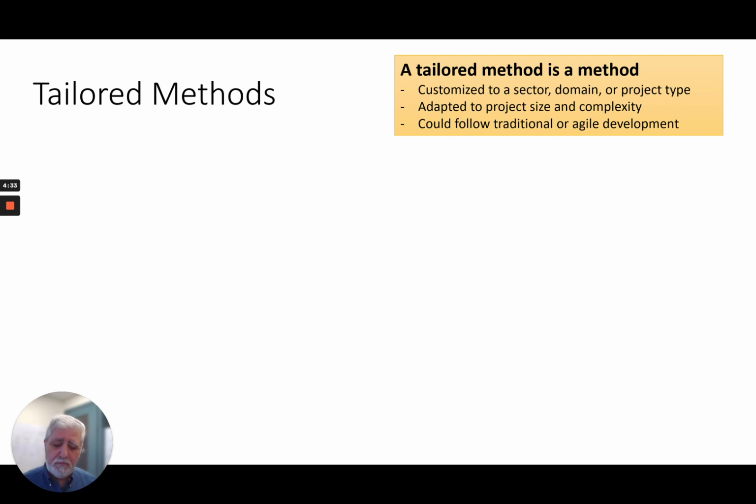Another thing we want to do is adapt the methodology. A tailored method is adapted to project size and complexity. So let's say within the same domain, within the same type of project, let's say oil and gas or real estate, right?